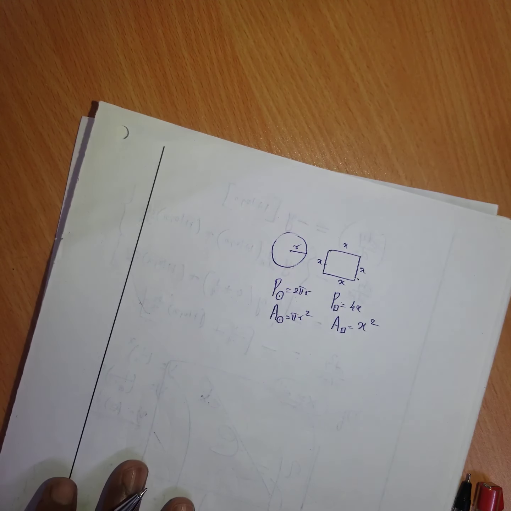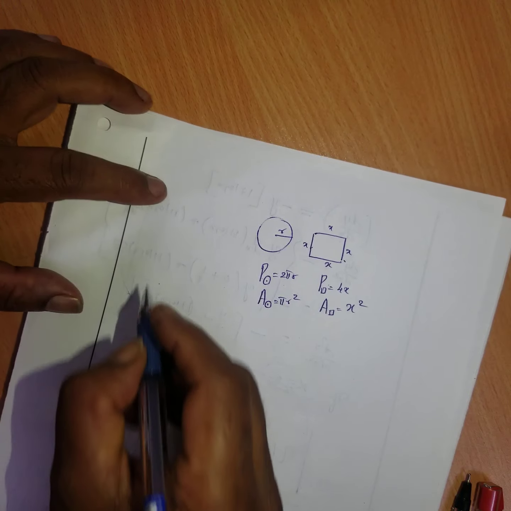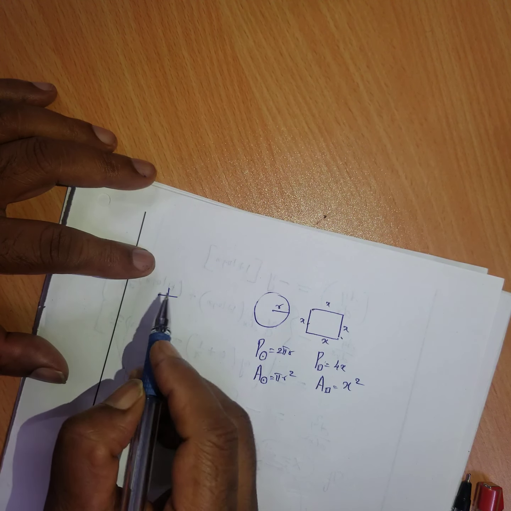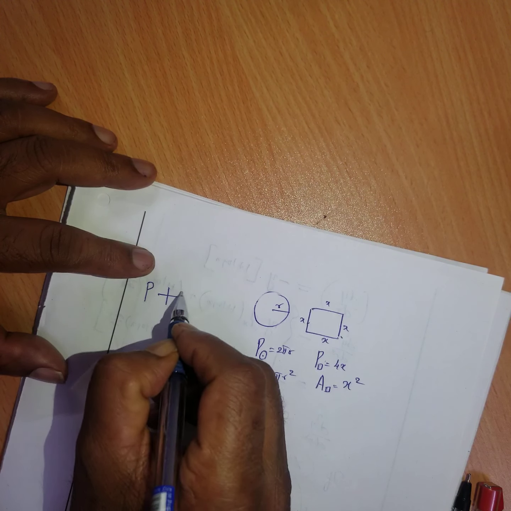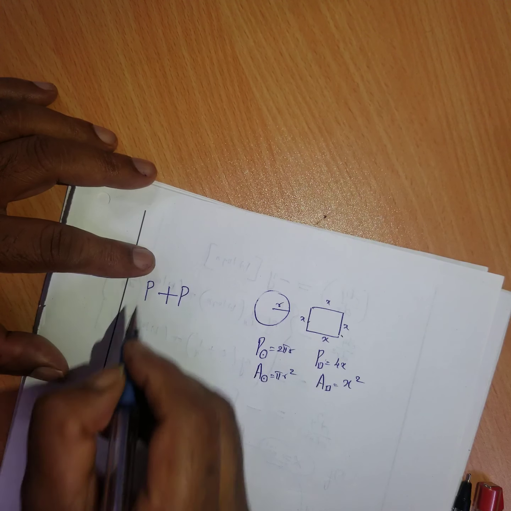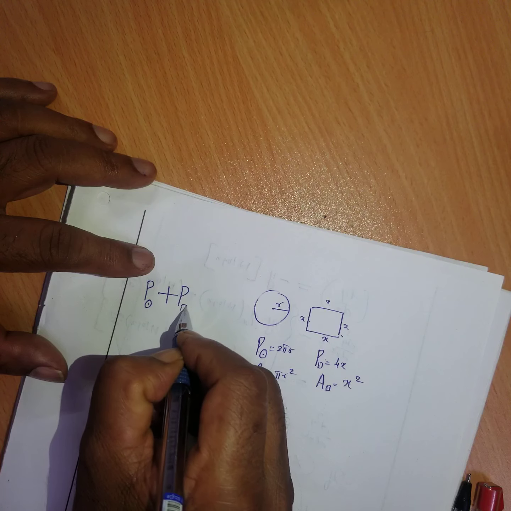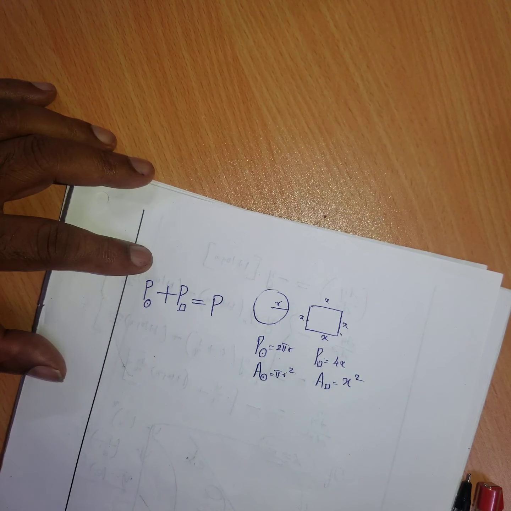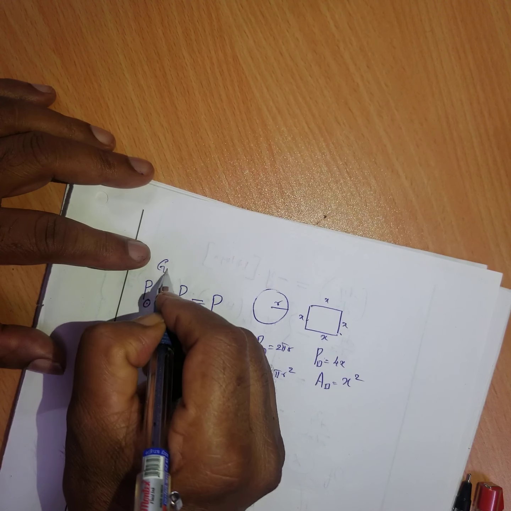Now I am going to formulate one problem. The sum of the perimeters of the circle and the square is given. That is the total perimeter. This is given.